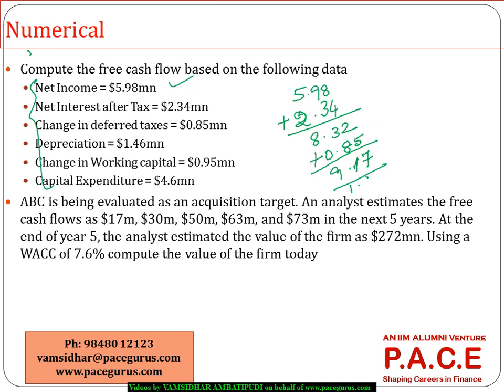And to this I add back the depreciation and subtract the change in the working capital as well as change in expenditure, because if these are positive they will reduce my cash. Increase in working capital will decrease the cash, increase in current expenditure also will decrease the cash. So because of those two things, my cash position is actually getting decreased.